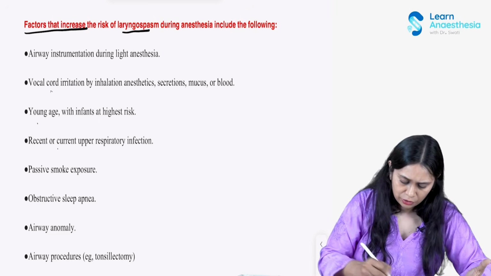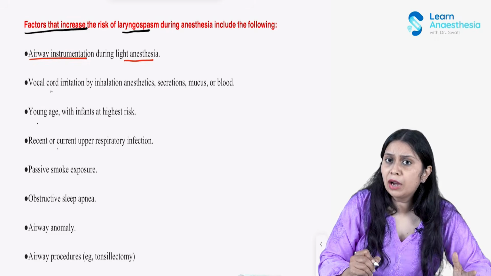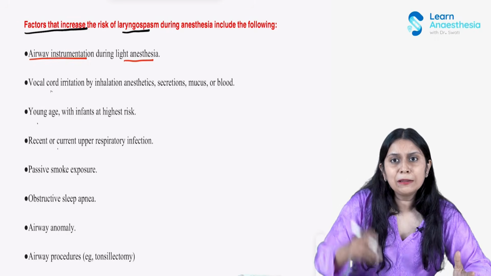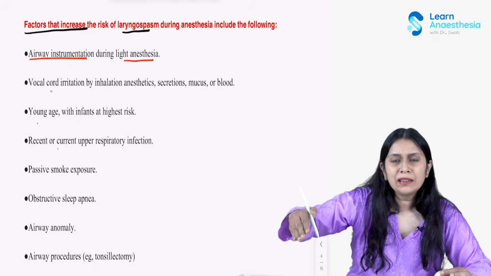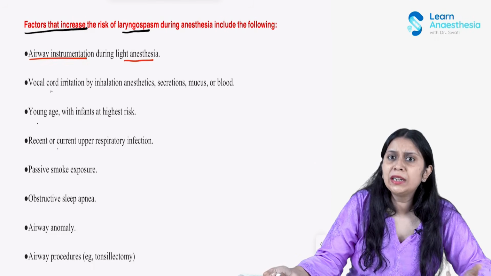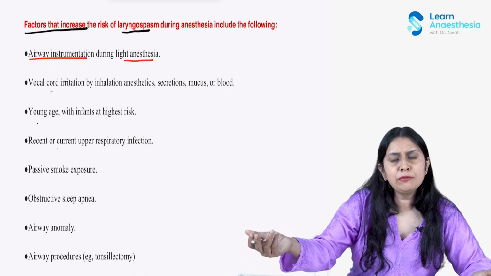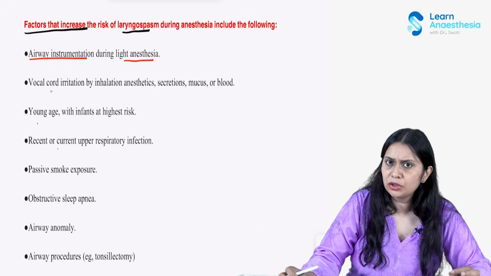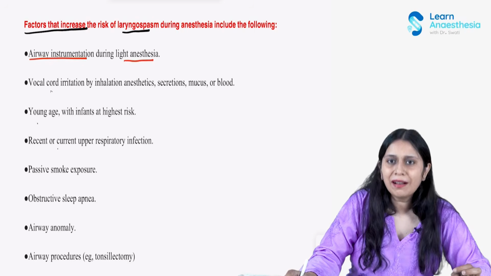So airway instrumentation during light anesthesia, when we are trying to do laryngoscopy and the depth of anesthesia is not deep, for example trying to do laryngoscopy in a young patient without giving a neuromuscular blocking agent. Many times in pediatric patients we try to intubate without paralyzing the patient, and if the plane is light, the risk of developing laryngospasm is high.